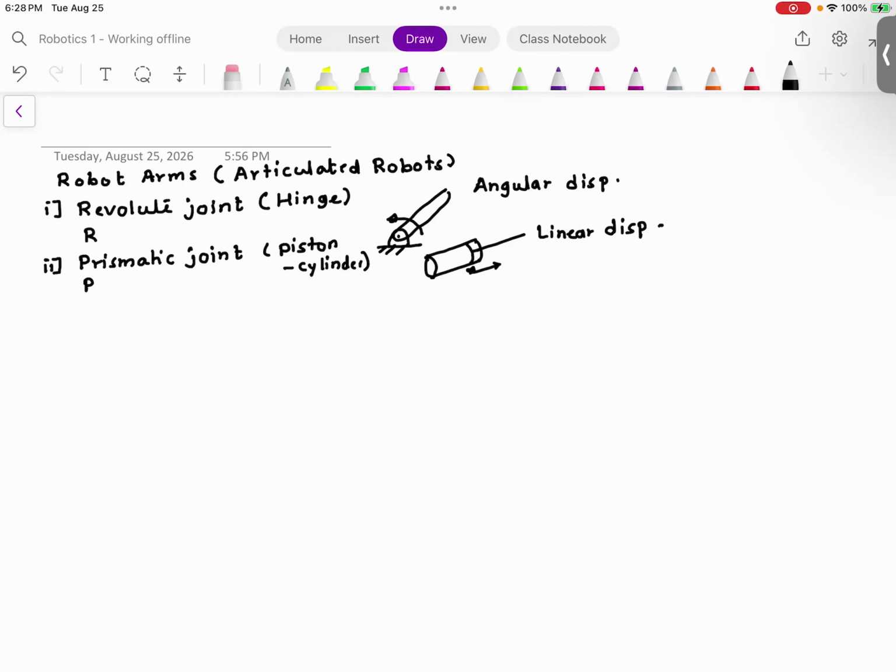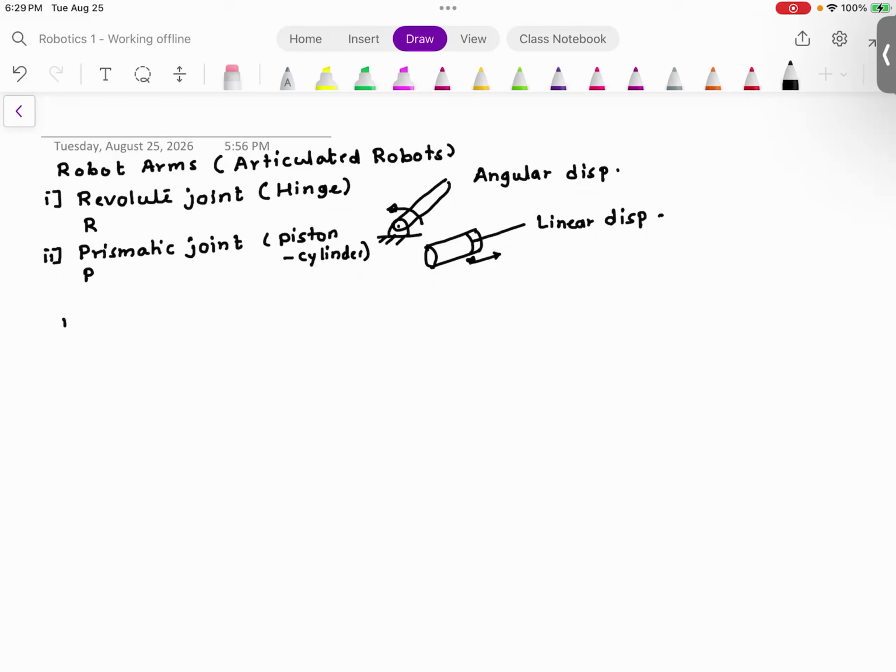Now, this robot, if you look at its configuration, may look different. But when you are trying to analyze the robot, you want to come up with a simplified representation of the robot. And that is called the kinematic diagram.